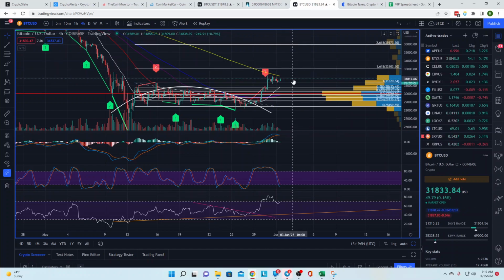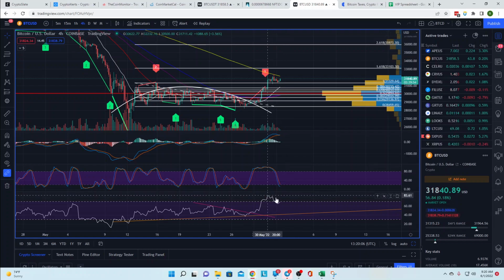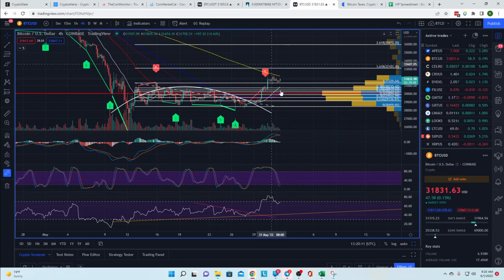Then the question becomes, do we hold that level and can we continue the upside push? Time will tell. But I think that would be one of the things I would be looking for here. The other scenario, as far as a formation forming here, is a falling channel on the RSI. And you can see here that we're sideways consolidating on Bitcoin. So this has potential to be some hidden bullish divergence.